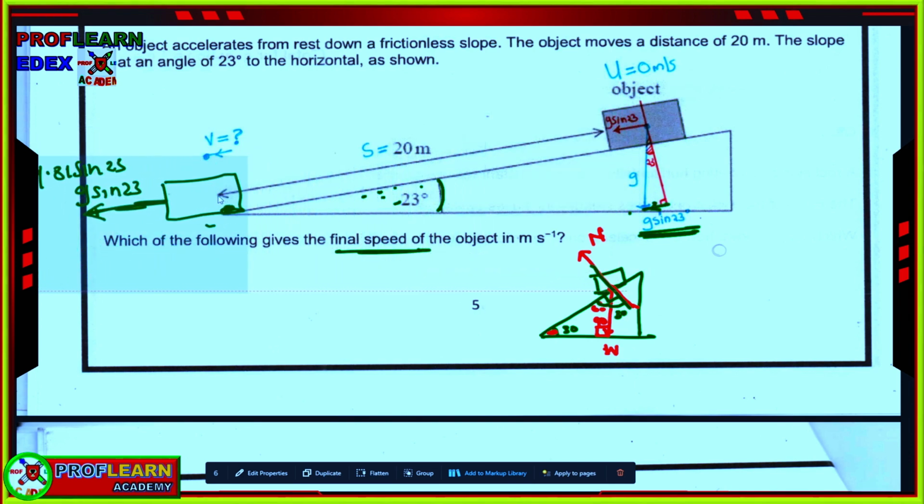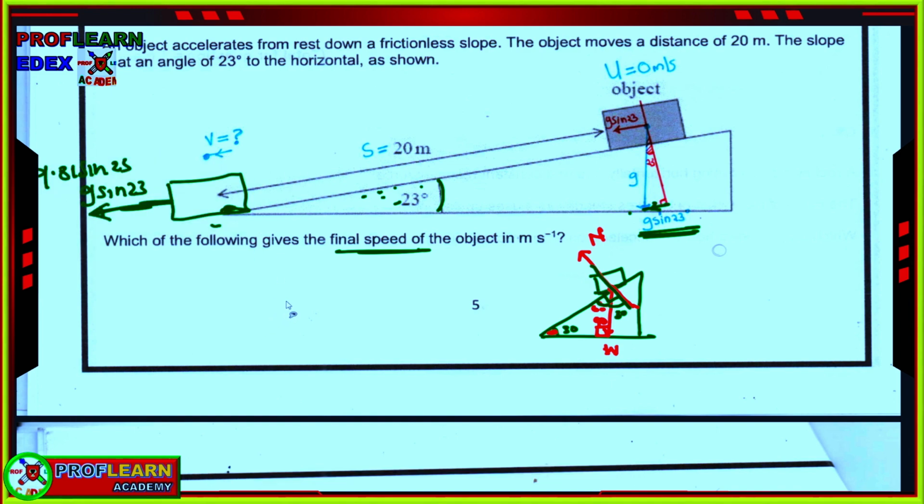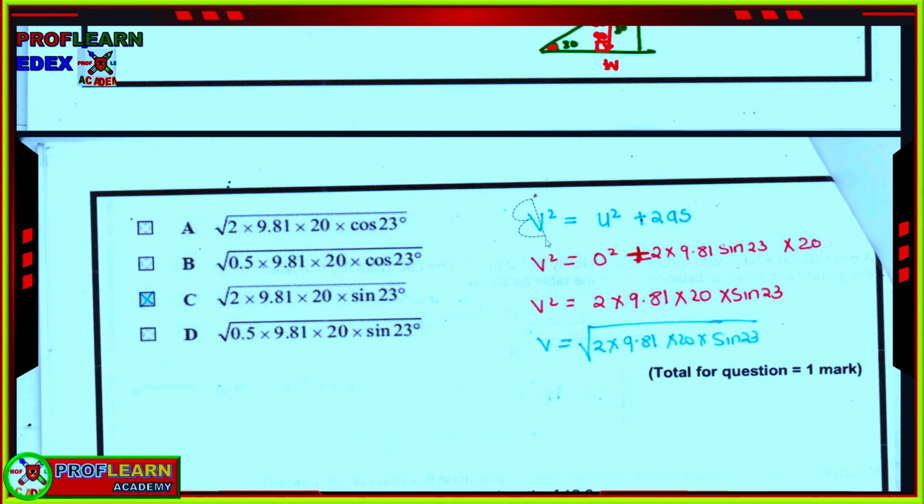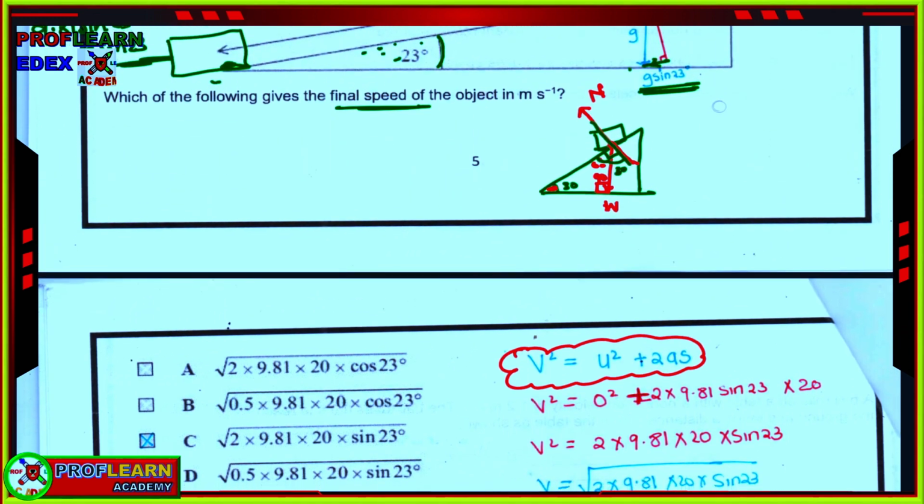So what will be the speed by the time it lands down here? That's the question we are being asked. So we are going to use the formula V squared equals U squared plus 2AS. Remember, it started from rest.